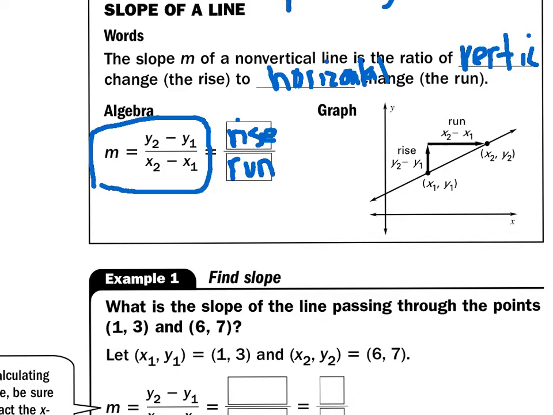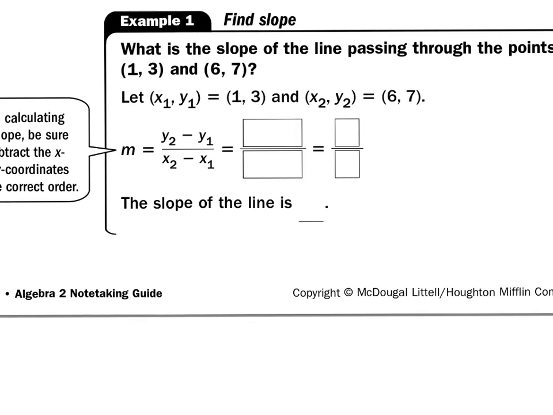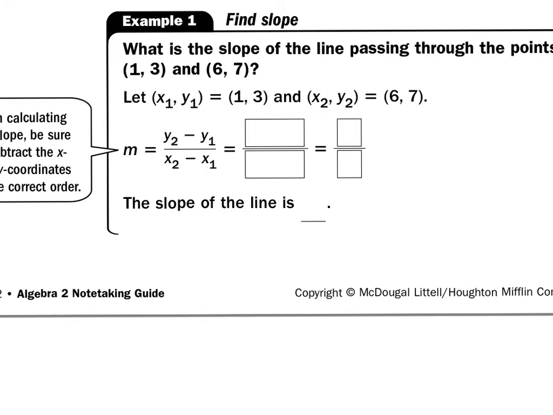Okay, so when we find slope on example 1, we are going to take one of the y's, and it actually doesn't matter which one you start with. A lot of students will ask me, how do you know which one is x1 and which point is x2? Doesn't matter, just so you go back to the same point to start the y's with.